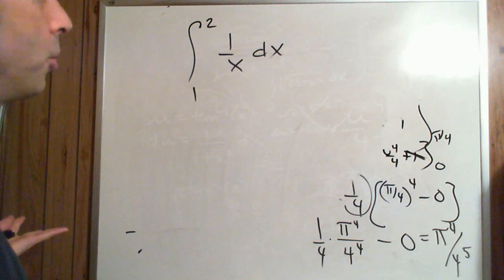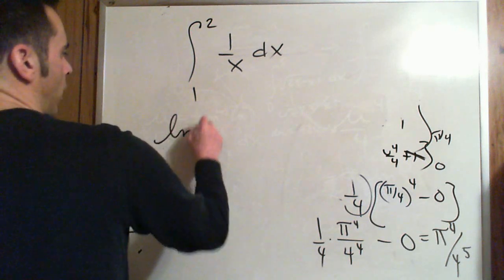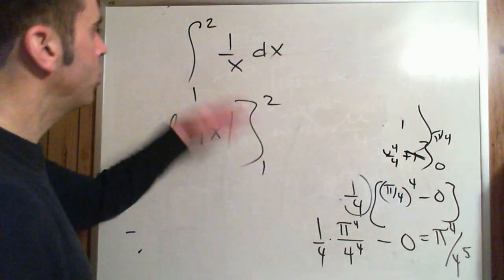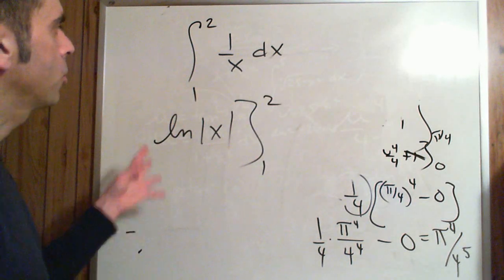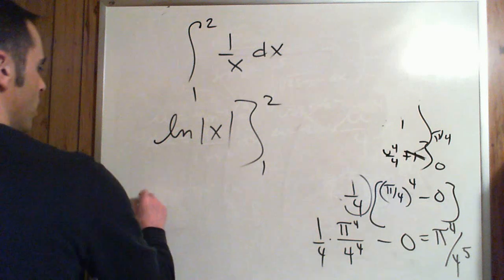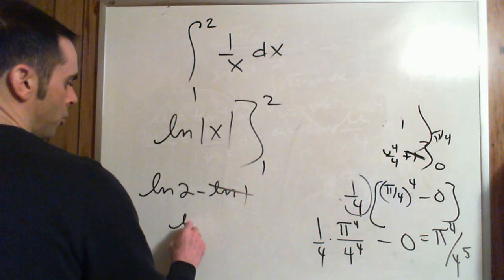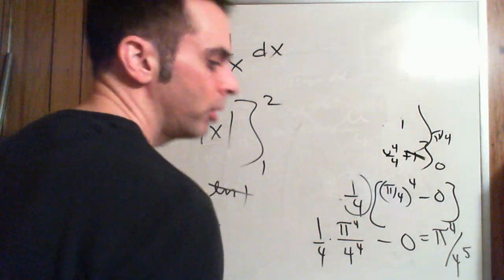Its antiderivative is the ln of the absolute value of x from 1 to 2. Well, I'm not going to change these. I have no u substitution, so the limits of integration will stay the same. So it's the ln of 2 minus the ln of 1, and this we know is 0, which is the ln of 2.